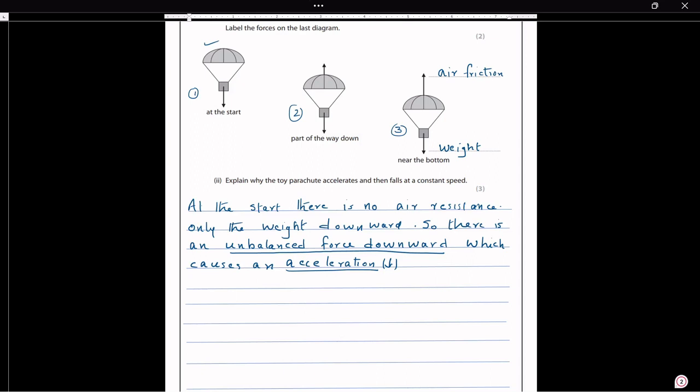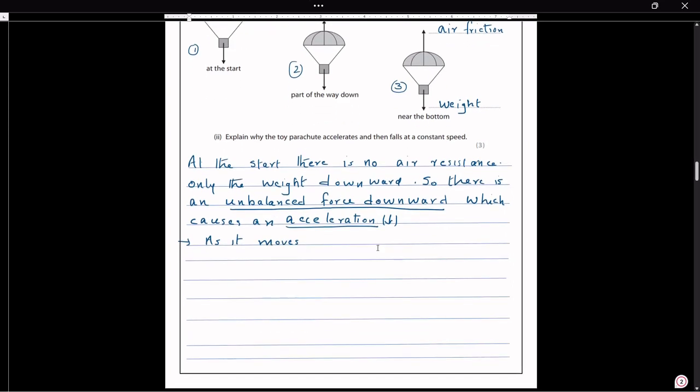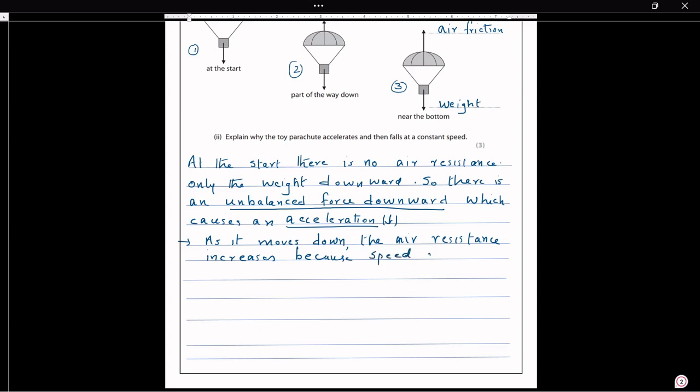Therefore, the air resistance is also increasing. So let us write that part. As it moves, that means as it falls down, the air resistance increases because speed increases.